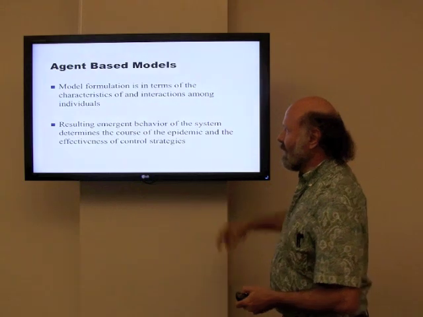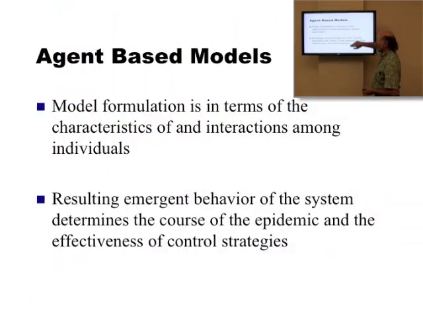Whereas the agent-based models are done in terms of individuals. This individual has this behavior, has this age. We can have, say, number of partners desired as a function of age. We can put this in every individual. And then we get resulting behavior.